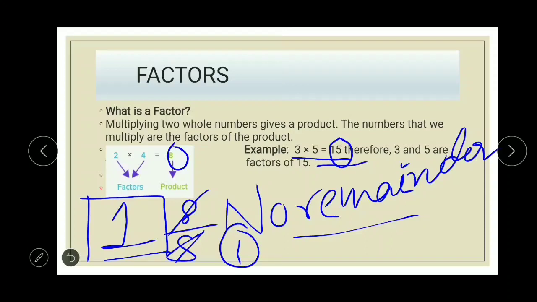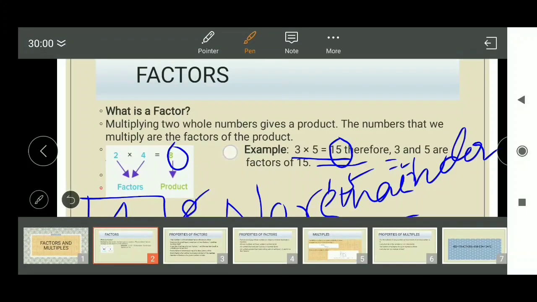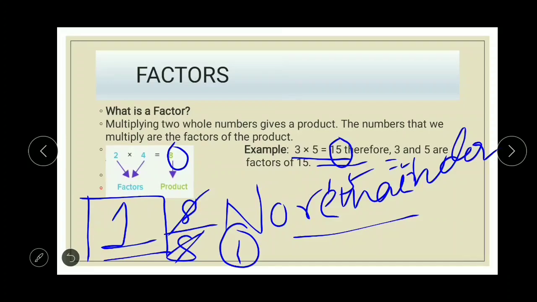If we divide this number 15 by 15 only, then also we will not get any remainder. So we can also say the number itself is a factor of that number. So for each and every number we are getting two common factors, that is 1 and that number itself.